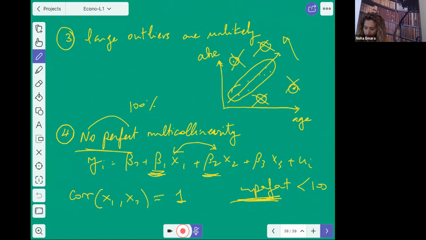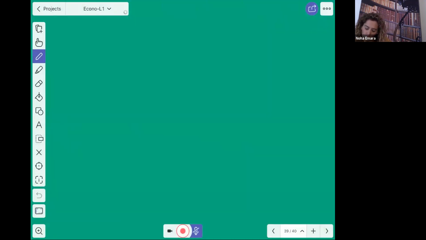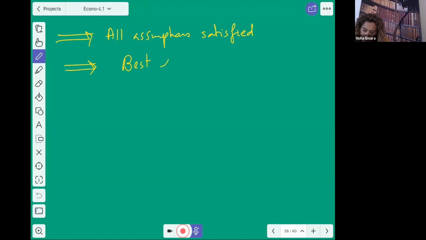If this happens, if you have all the assumptions satisfied, then we're going to have something called the best linear unbiased estimators, abbreviated as BLUE.